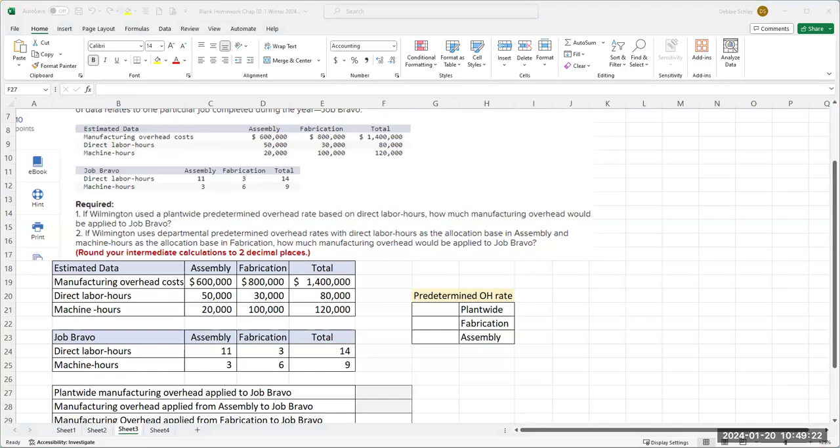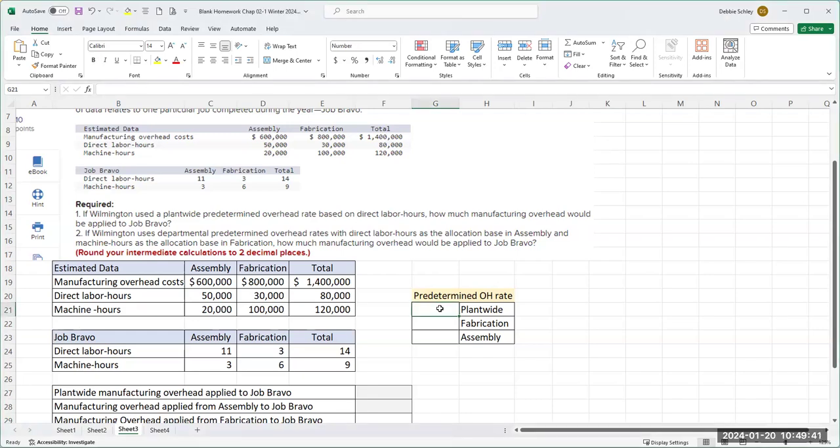So first I need to figure out my predetermined overhead rate for the plant-wide, which means the totals. And it is based on direct labor hours. They already figured out the estimated total manufacturing overhead cost.